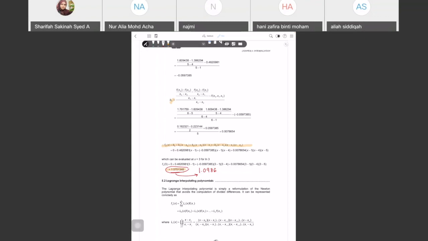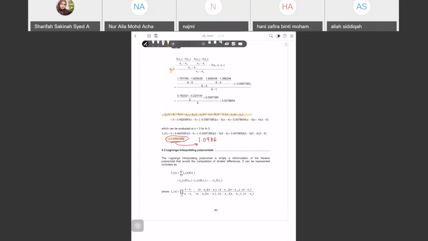Okay. So clear with this? Can I move to the second method, if Newton is one of the methods? Now we move to the second method that I shared with you in the video before, the Lagrange interpolating polynomial.